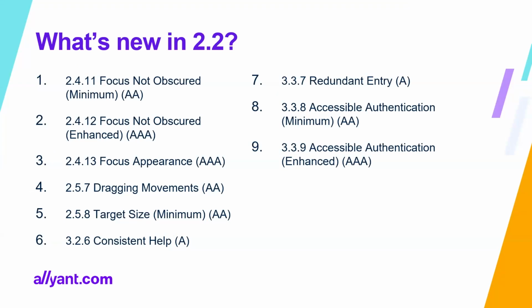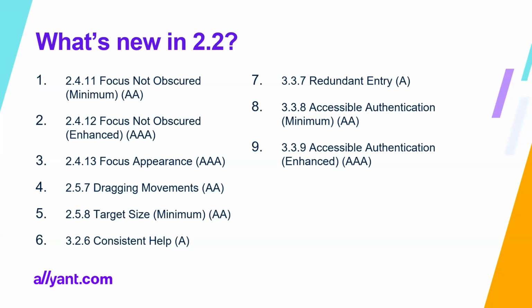Success criteria 2.4.11 and 2.4.12 are focus not obscured. One is a minimum requirement at the double A level, and one is an enhanced requirement at the triple A level. And then similarly, there's success criteria 2.4.13, which is focus appearance. This is a triple A level success criteria.